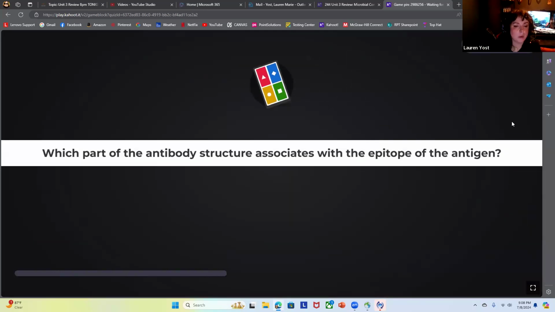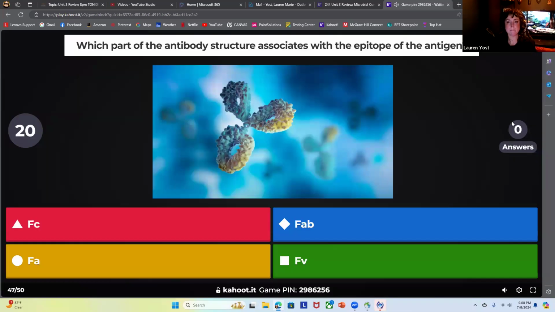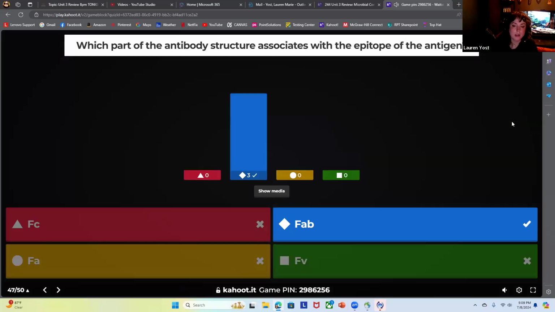So which part of the antibody structure associates with the epitope of the antigen? Takes a little bit of knowledge of what those terms mean. All right, perfect.